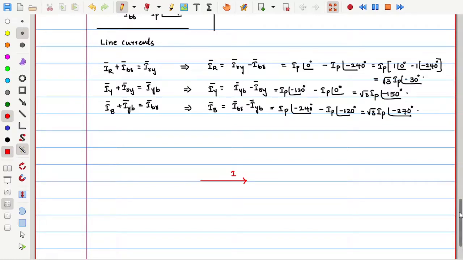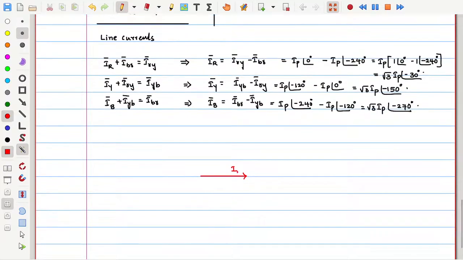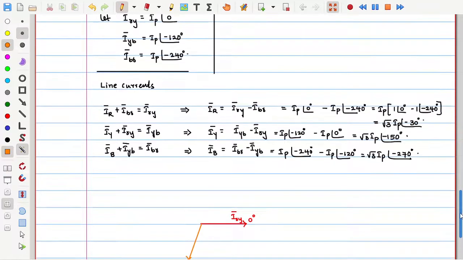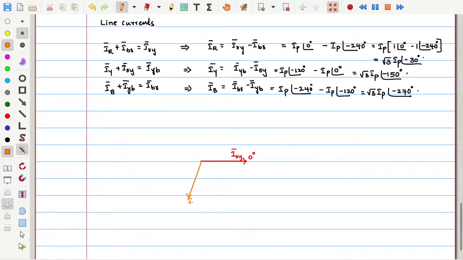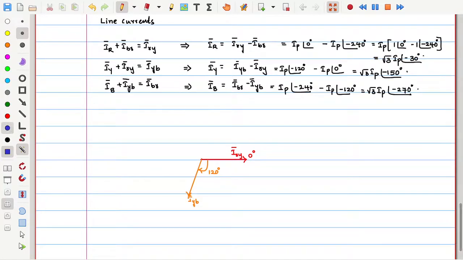Let me use the same notation: IRY, which is at 0 degrees, IYB is at minus 120 degrees, and IBR is at plus 120 or minus 240. Both are the same.